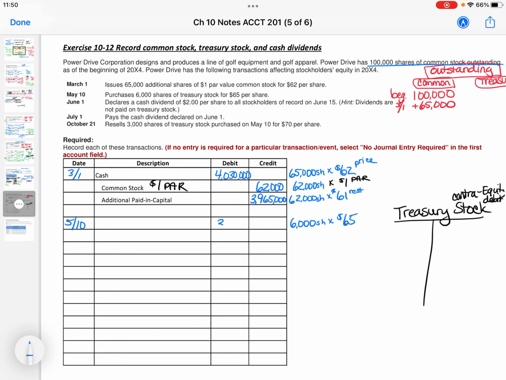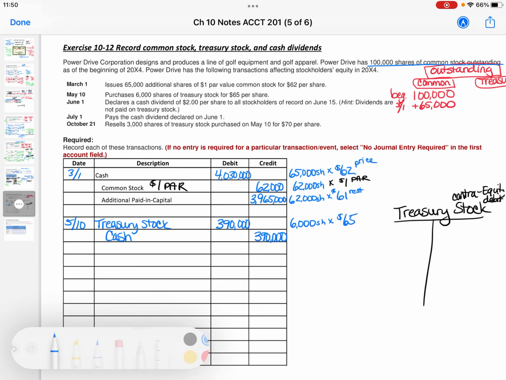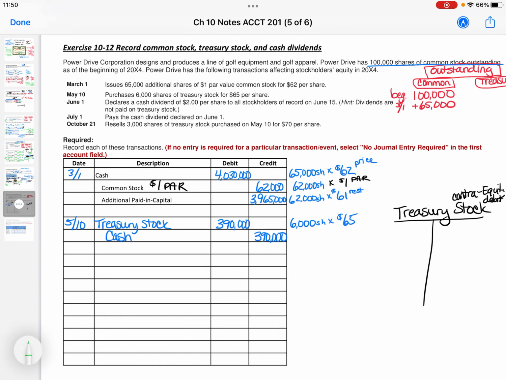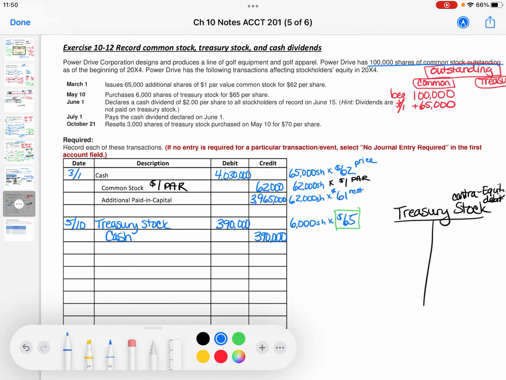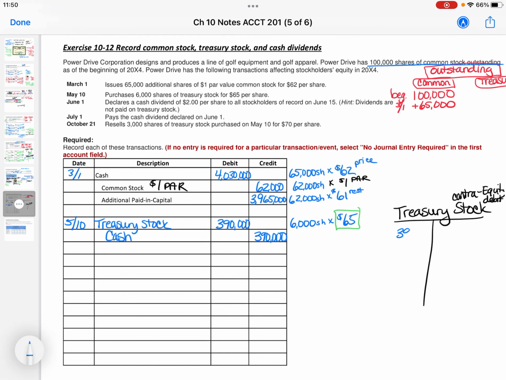So it is $390,000. And of course, we're debiting treasury stock and crediting cash. That's how you got to buy them, right? All right, let's use green for this one this time. So $65 is going to be our, what goes in must come out, right? $390,000 is my debit.